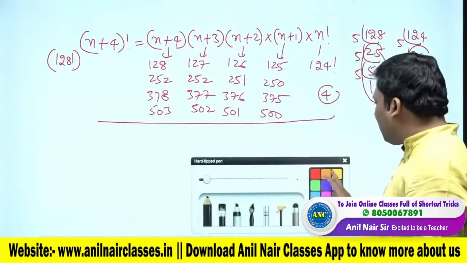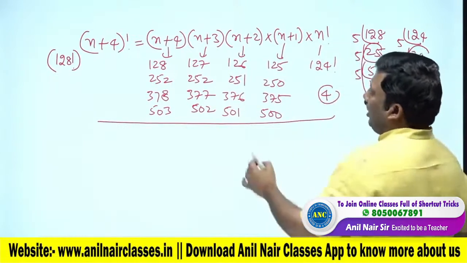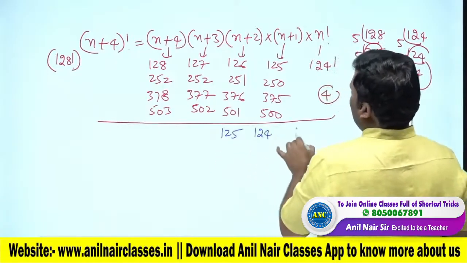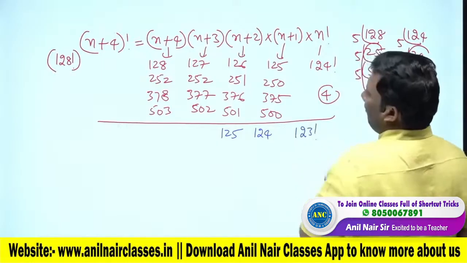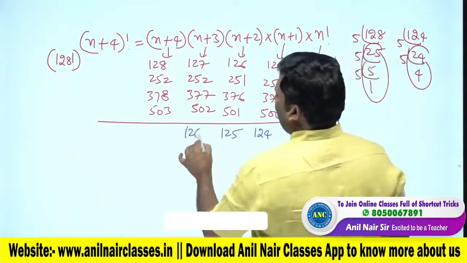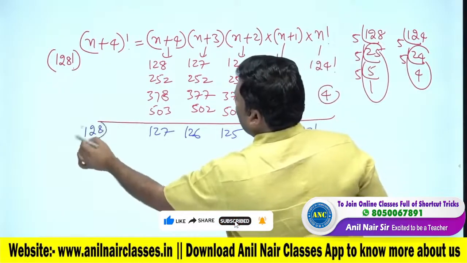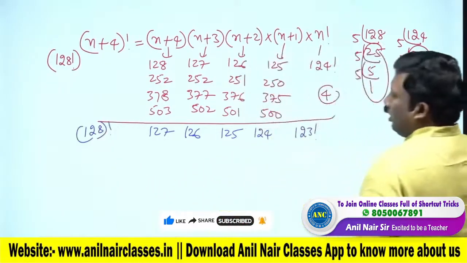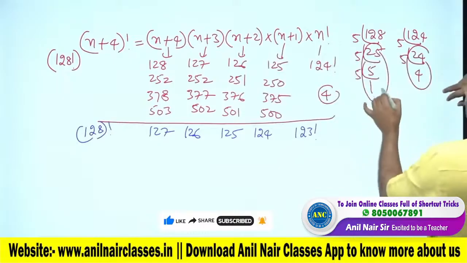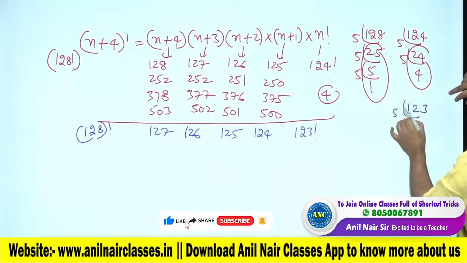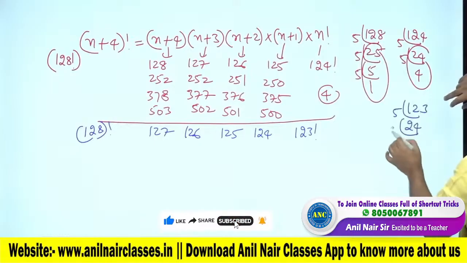What is case number 2? If n plus 2 is 125, this will be 124, this will be 123 factorial, then 126, 127 and 128 factorial. Try to check it out. 128 has 31. 123 has 5 24s, 5 4s, so 28; 31 minus 28 is 3.